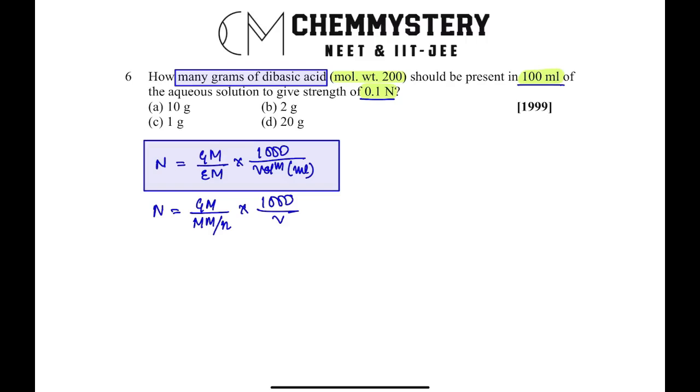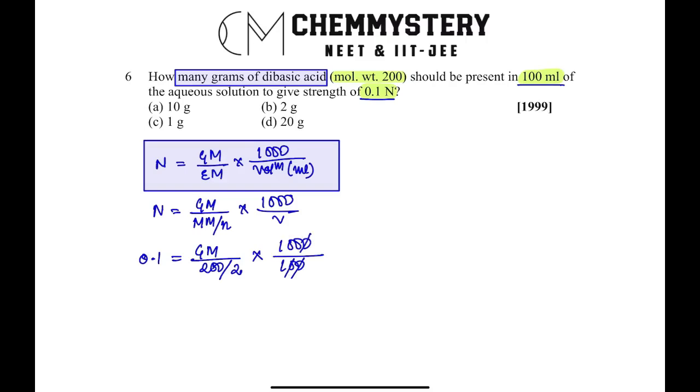Normality given to us in the question is 0.1 normal. Given mass we need to find out. Molecular mass is given to us, that is 200. N factor: it is a dibasic acid. Di means 2, so 2 H positive, protonation will be 2. So n factor will be 2, into 1000 by what is the volume given? 100.